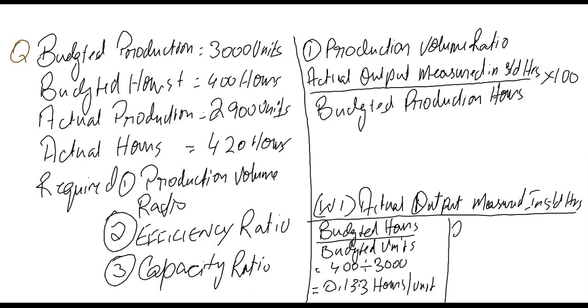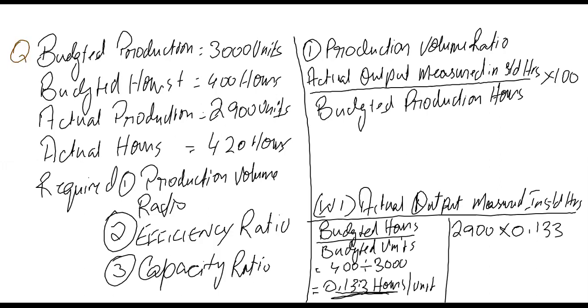Now the actual production is 2900 units. So 2900 units, if they were to be produced according to the standard hour per unit, that is 0.1333. Let me recheck it, 400 divided by 3000, which means 0.133.